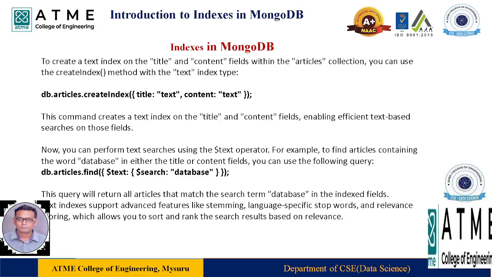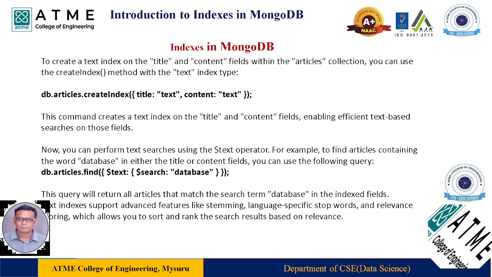If you want to find whether a particular word, database, is present in either the title or content fields, you can use the following query: db.articles.find, followed by $text, and you will be providing $search. The keyword to be searched is database. This query will return all the articles that match the search term database in the indexed fields.